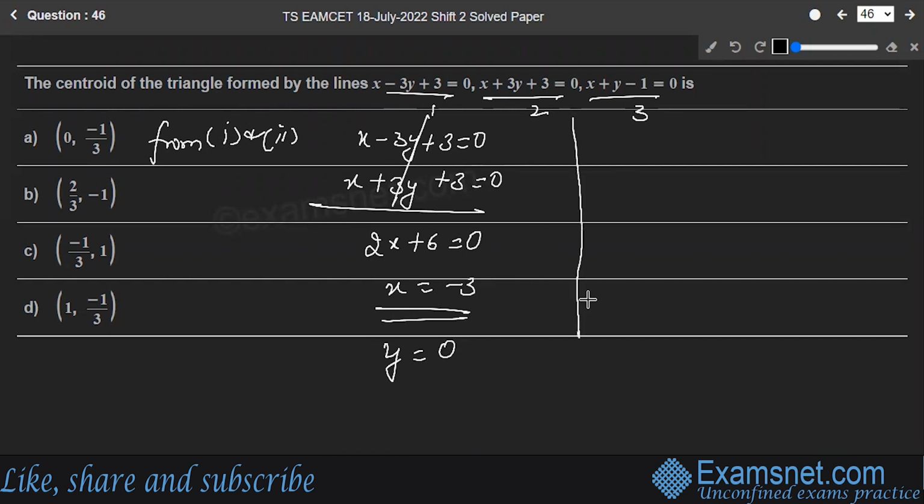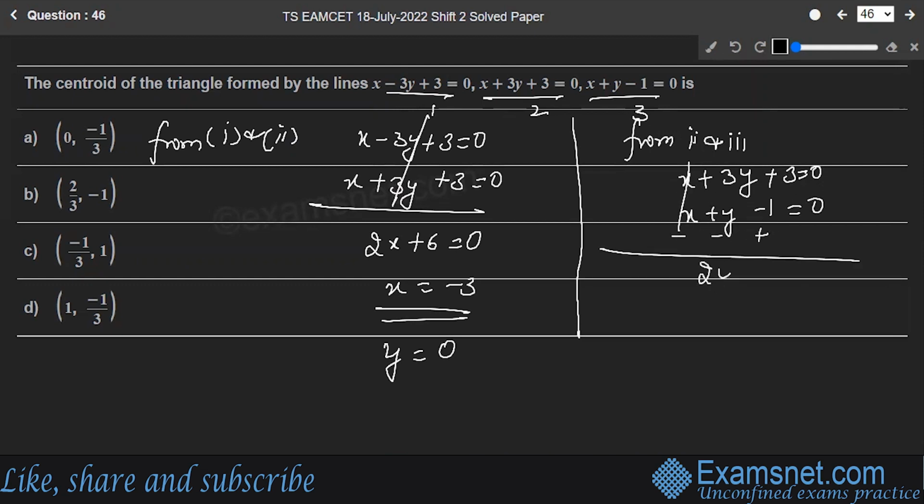So let's pick up the next equations, 2 and 3. Here you have x plus 3y plus 3 is equal to 0, x plus y minus 1 is equal to 0. Minus minus plus. This will cancel out, and you will have 2y plus 4 is equal to 0.